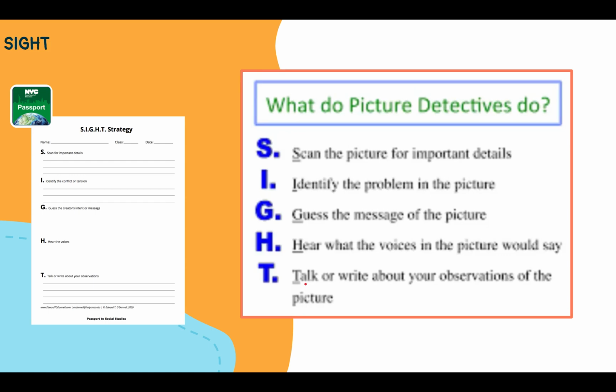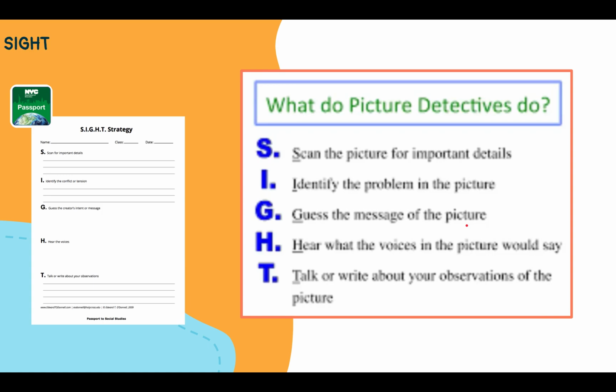More specifically, when we're trying to be picture detectives, we want to be able to scan the picture for important details. With those details, we want to be able to identify the problem or the situation that's going on in the picture. Using that information, we want to guess the message of the picture. What is this picture trying to tell us?